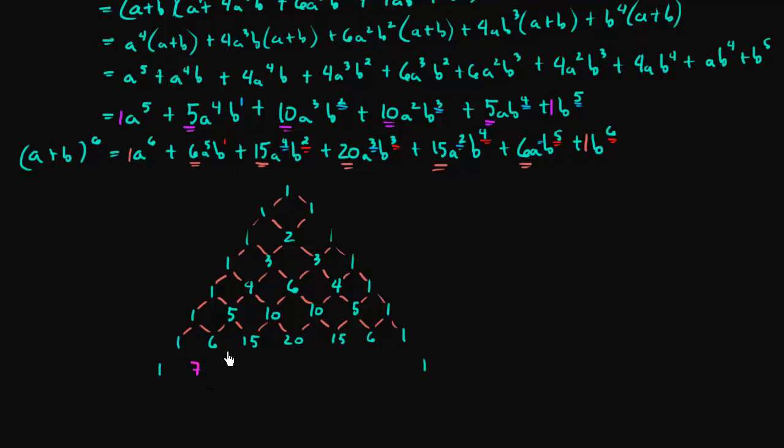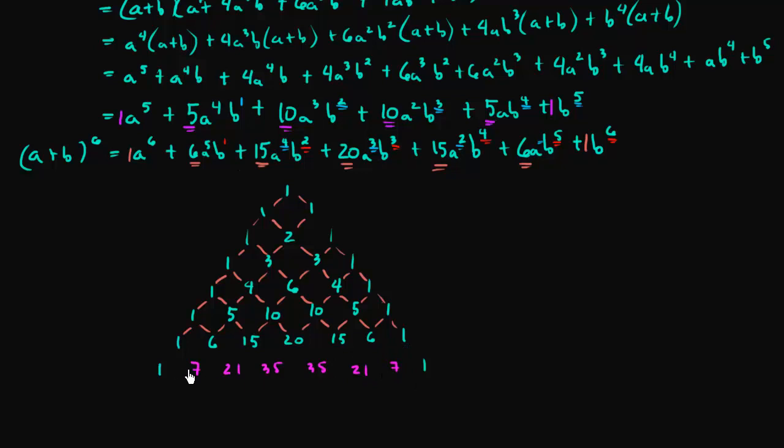If I added 6 and 15, I would get 21. And if I added 15 and 20, I would get 35. 20 and 15, I would get 35 as well. 15 and 6, I would get 21. And 6 and 1, I would get 7.